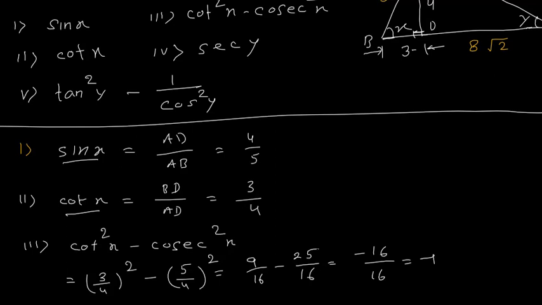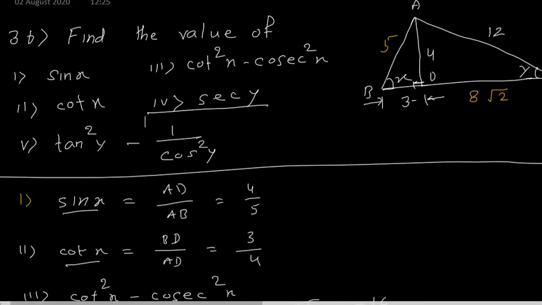So, we got sin x, cot x and cot square x minus cosec square x. Okay. The next question is we have to find sec y. Again I will remove these things. You have done this.